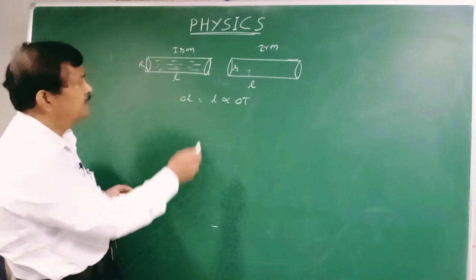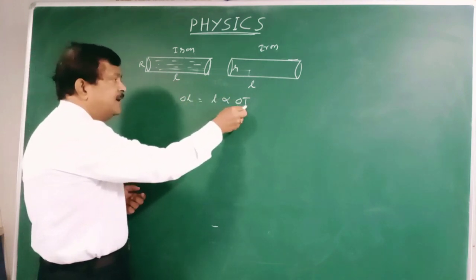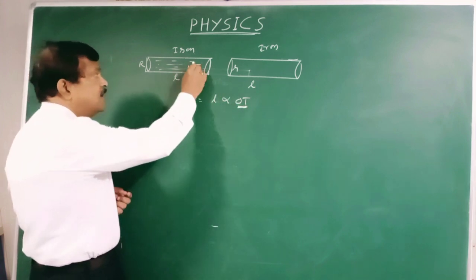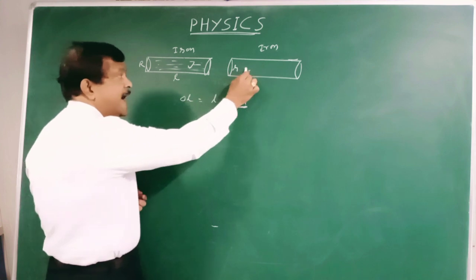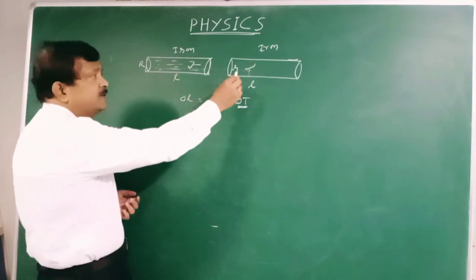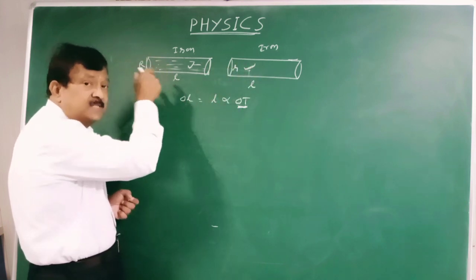But now for both bodies, suppose there is an equal increase of temperature delta t. But remember, this is a solid iron cylinder, and this is a hollow cylinder which is empty inside. Very clearly, because this is empty the mass is less, and because that is a solid body the mass is more.